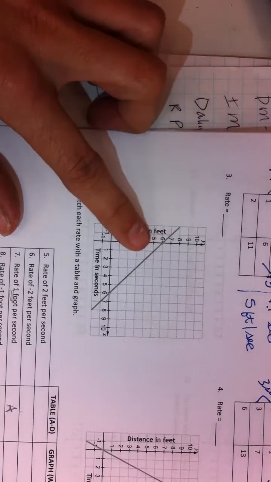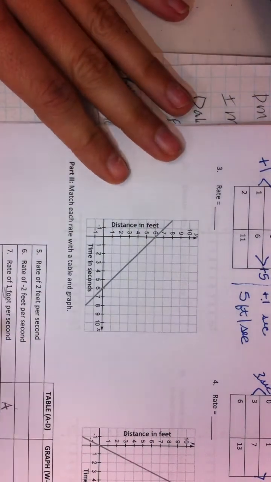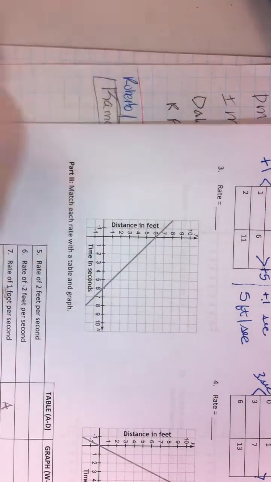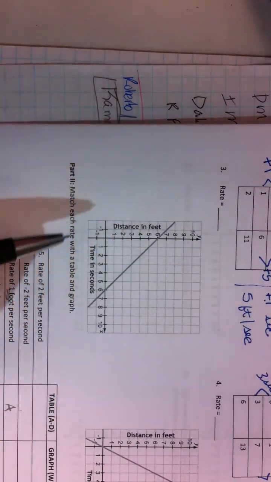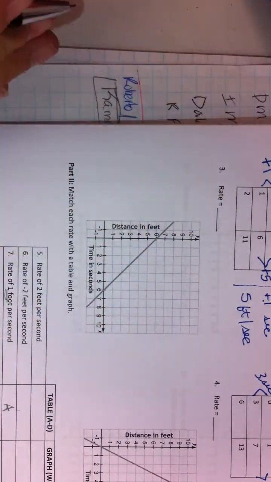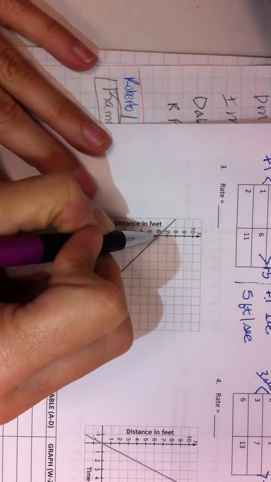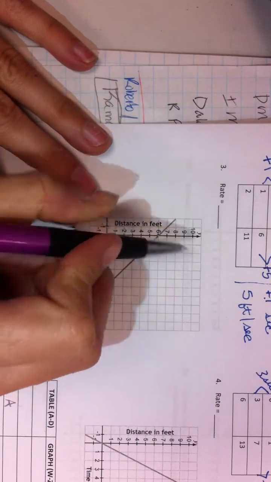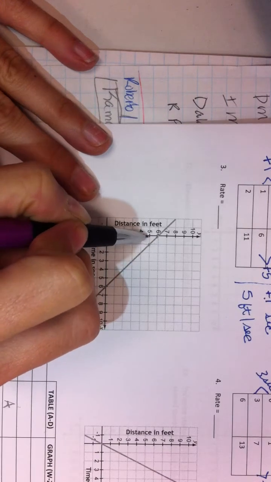All right, let's talk about rate from this graph. There's 2 ways to do this, so I'll show you both. The 2 ways are to look at the graph or make a table. So let's look at the graph first. I started at 6 here. I'm going to trace my line down until I hit another crosshair in the back.